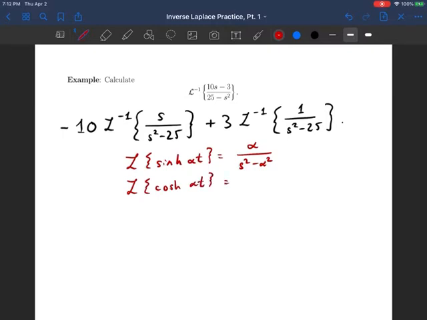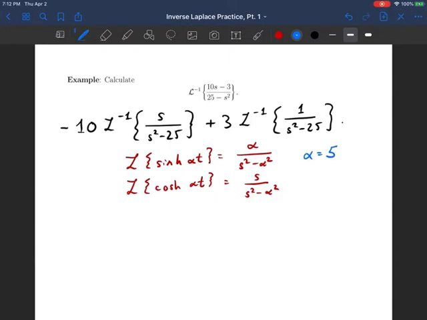And the Laplace transform of the hyperbolic cosine of alpha t is equal to s over s squared minus alpha squared. Now, these are entertainingly called sinh and cosh. These are the hyperbolic sines and cosines. I've talked about this in a previous video. Worth looking up the definition of those. We're going to use them in just a second.